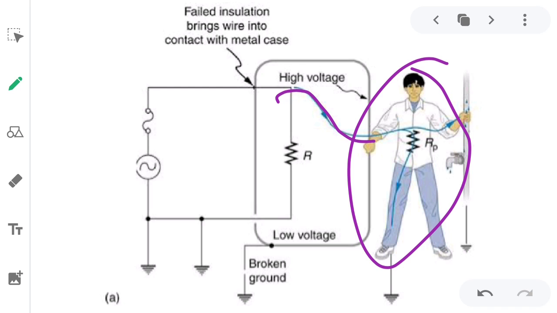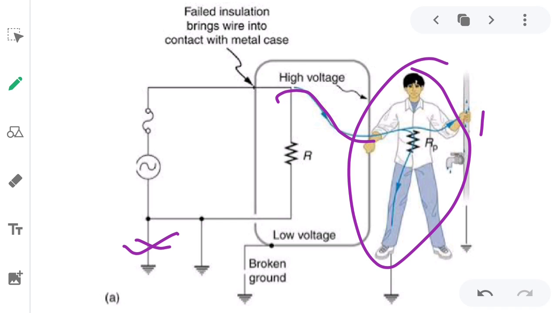Actually, the neutral has zero potential, but the human body also has some potential which is negligible. So it also provides a direction for the current to flow.